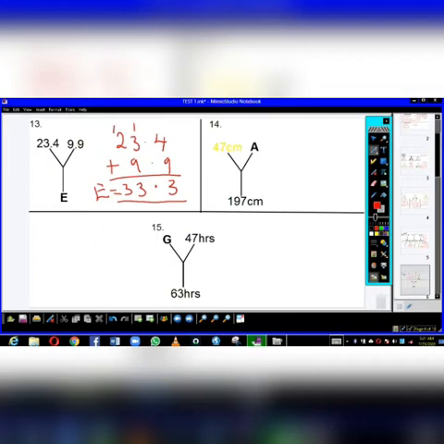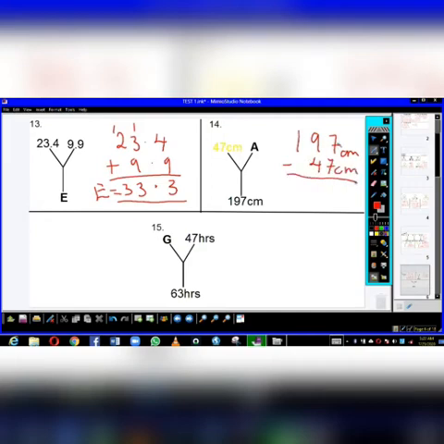Okay, now let's proceed to number 14. In this number 14, here we are going to find the value of A by subtracting. That is 197 centimeter minus 47 centimeter.